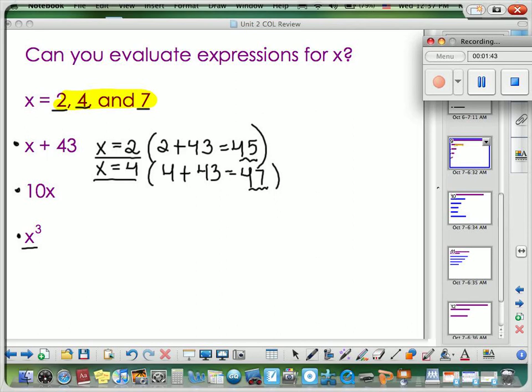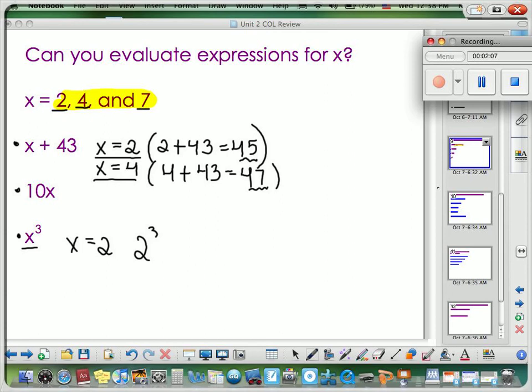When you plug in the value of x for x cubed, keep in mind this is an exponent. So when I plug in for x equals 2, I'm going to plug in 2 to the third. Now this is a little review on exponents too.